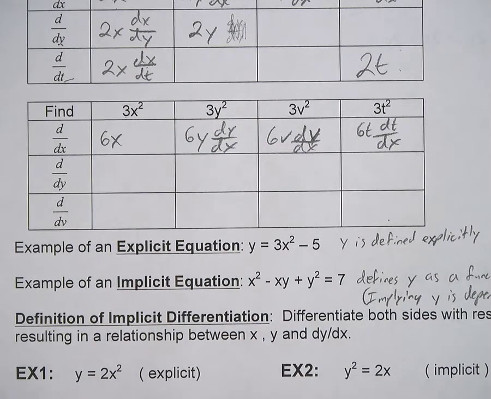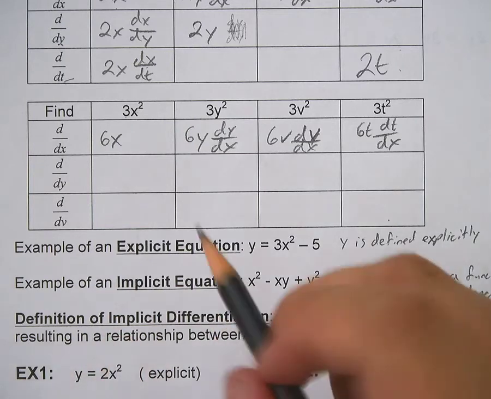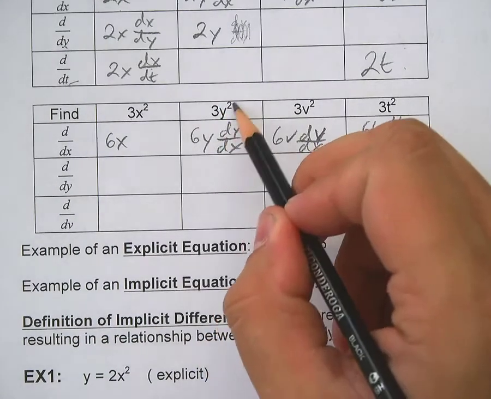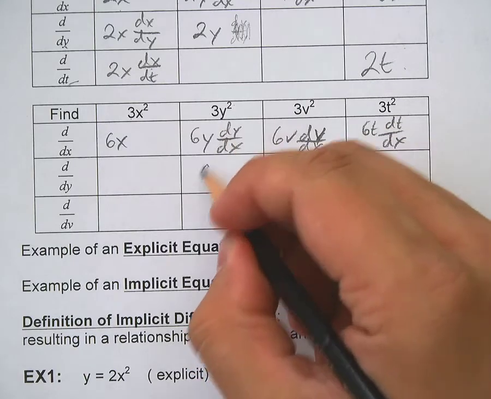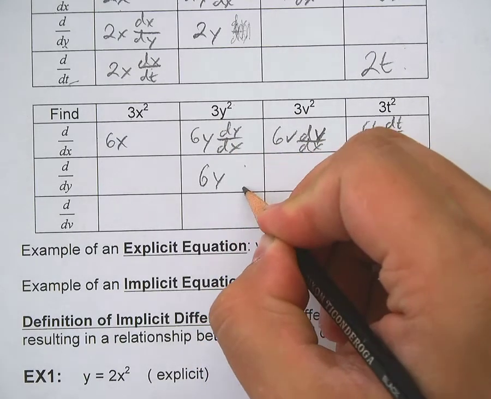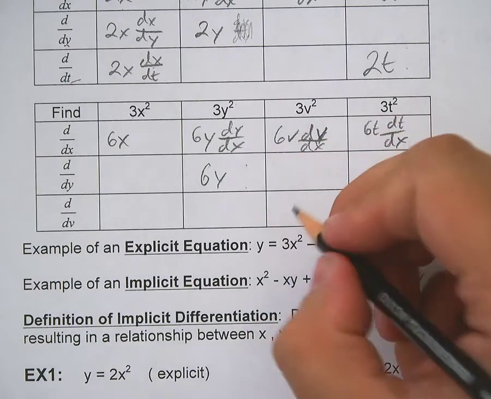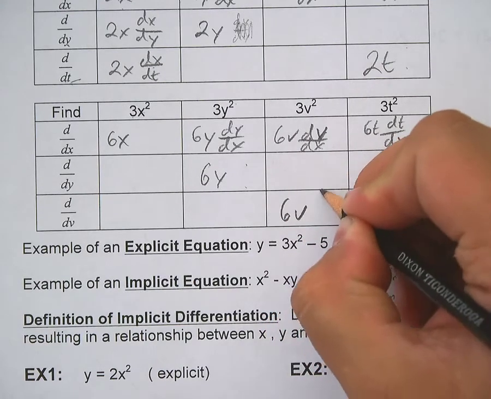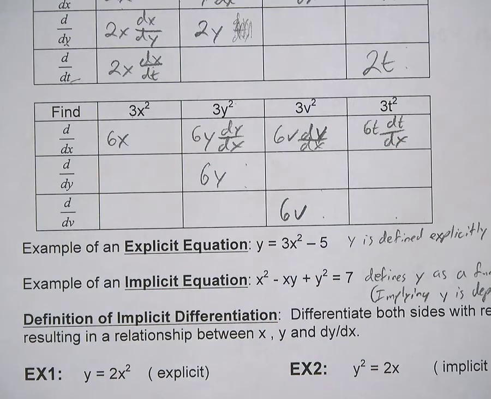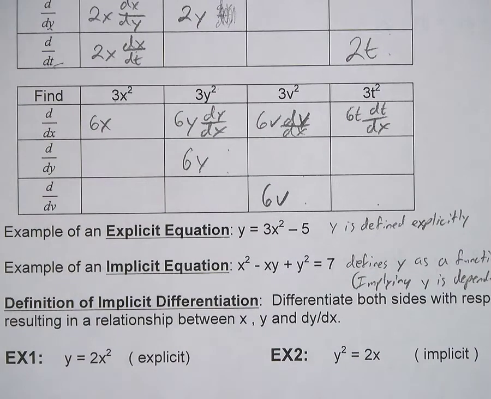So there's going to be a couple of things that are a little bit different, but again, all you're doing is these same methods. You're just compensating for that dt dx, dv dx, or dy dx. So I'm going to fill in this one here. The derivative with respect to y again is just 6y, because dy over dy would be 1. The derivative here would be 6v, because dv over dv would be 1. And you can fill in the rest there when you have the time.